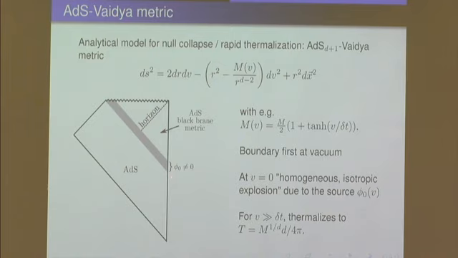It actually is the time coordinate at the boundary. And depending on how you build the null matter shell that collapses, if you just take some bump, for instance, that gives rise to a simple mass function where you start with 0 and then exponentially grow to saturate the final mass.